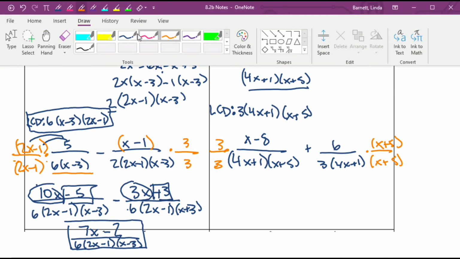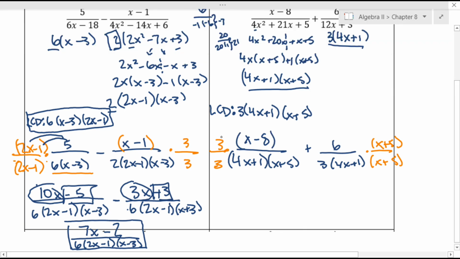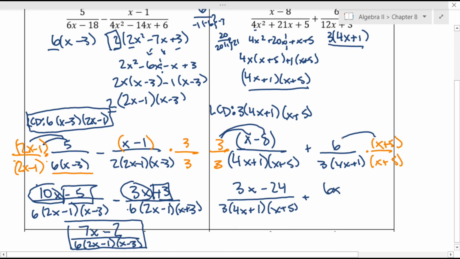So now I'm distributing. What's 3 times x? I have 3x. 3 times negative 8 is negative 24. And now on the bottom I have 3 times 4x plus 1 and x plus 5. Plus, and now I'm distributing on this side, 6x plus 30 over my common denominator, 3 times 4x plus 1 and x plus 5.